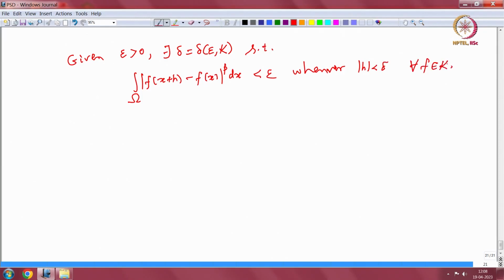So this is the meaning of uniformly in f. Similarly for the third statement.